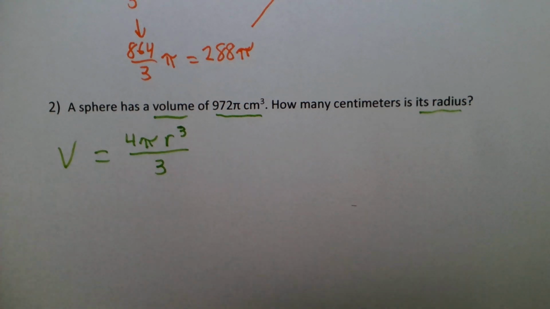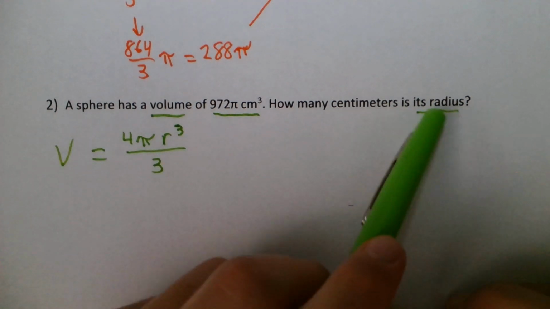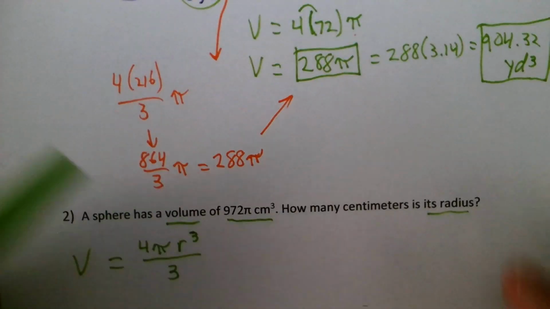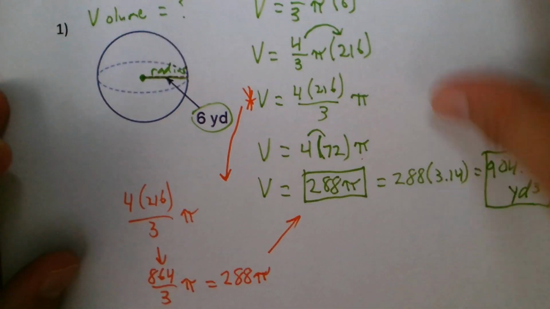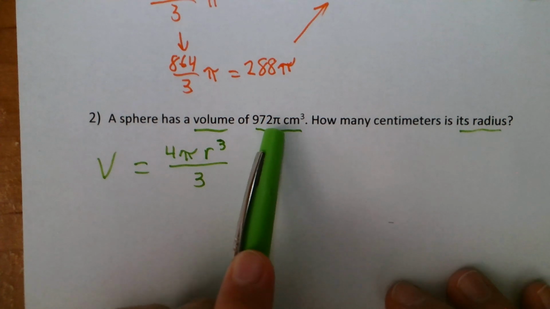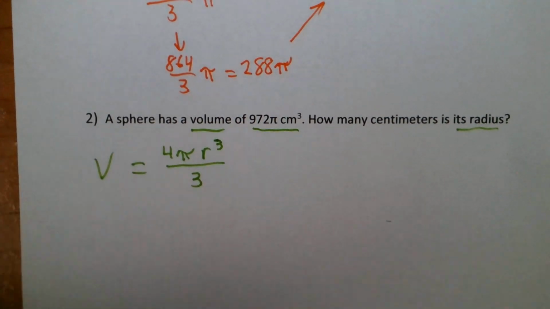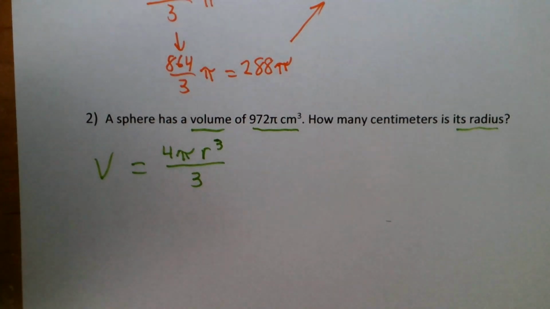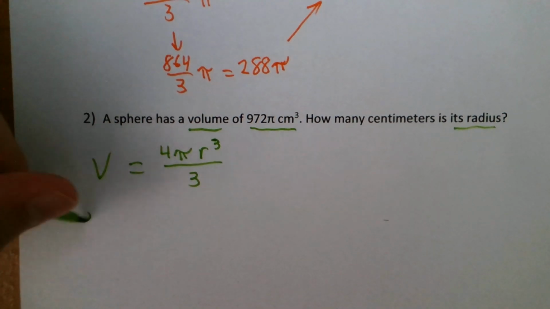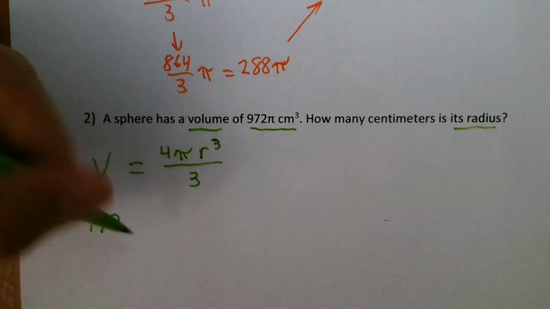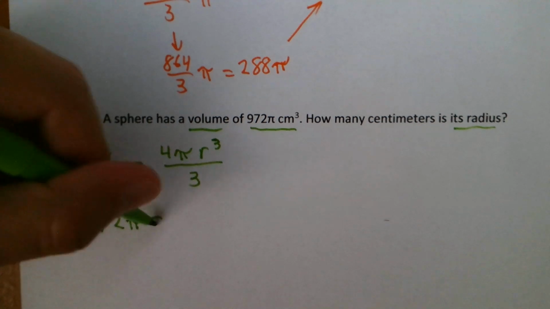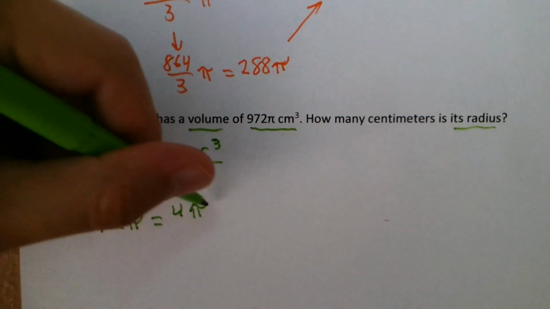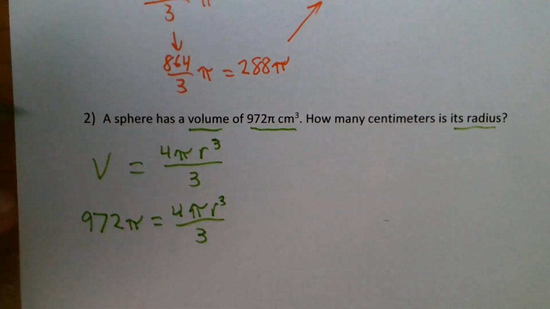Alright. Now, we want to know the radius, which last time that was the value that we had. This time, they're giving us the volume and asking us to work backwards. So let's do exactly that. Let's plug in the volume over on this side. Pi r cubed over 3.